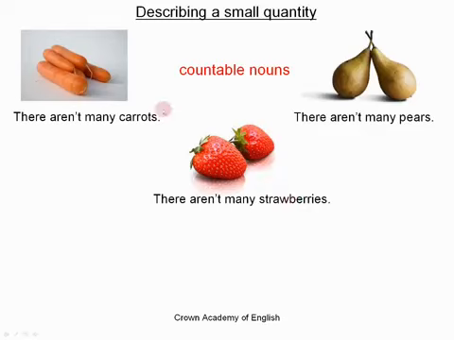And if you look at each sentence, we can see that they are all negative sentences. Aren't is the contracted form of are not. Are not. There aren't many strawberries. So they are all negative sentences to describe a small quantity.